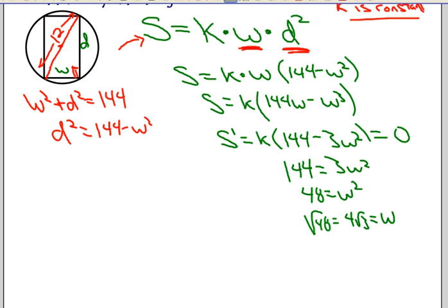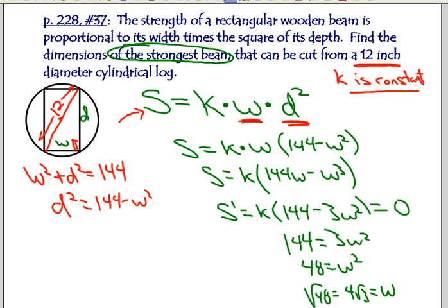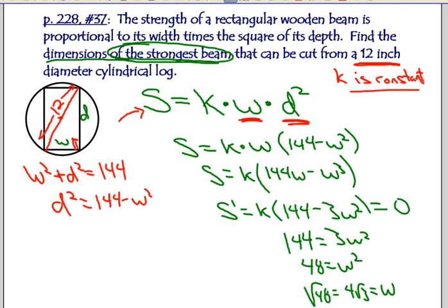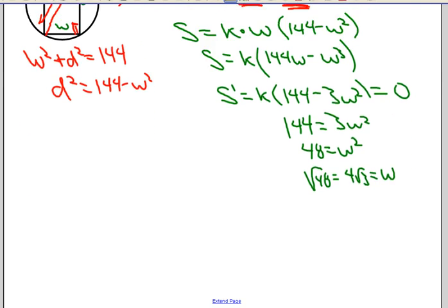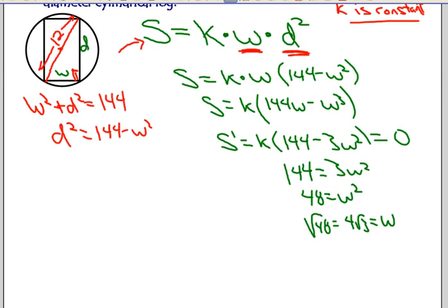Let's go back up and read the question to make sure we're answering it: find the dimensions of the strongest beam. So we've got the width, and our units would be inches, because it was a 12-inch log. So 4 root 3 will be the width. Let's see what the depth is. Look right here: D squared is 144 minus W squared, which is 48, so D squared equals 96.